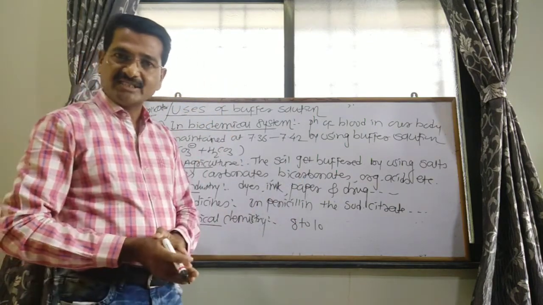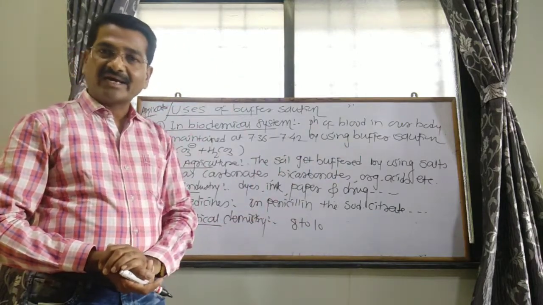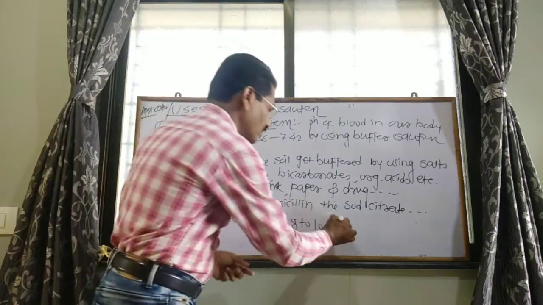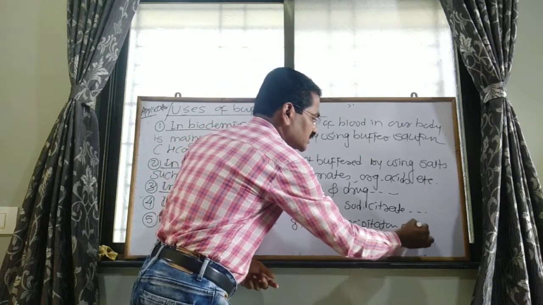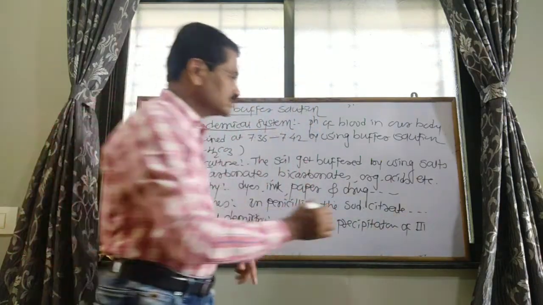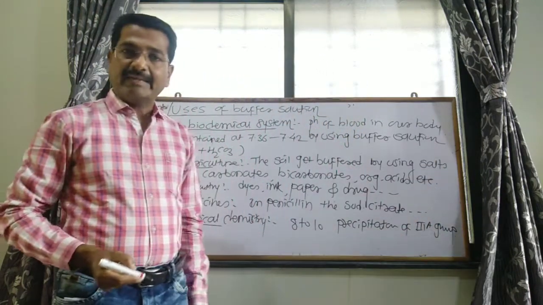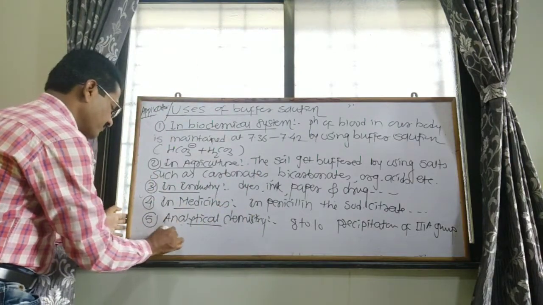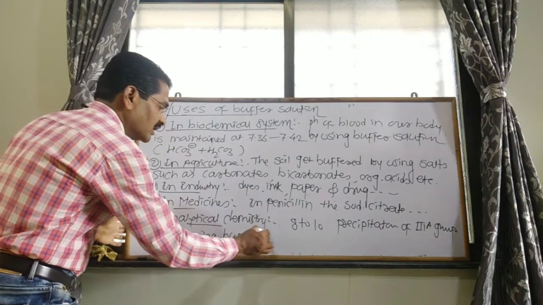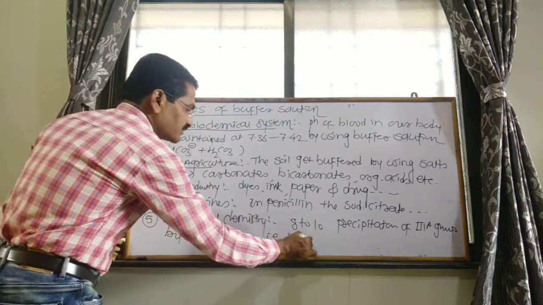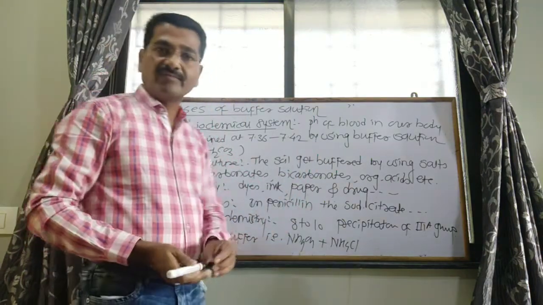In qualitative analysis, pH 8 to 10 is required for the precipitation of group third A elements by addition of buffer, that is NH4OH plus NH4Cl. So these are the uses of buffer solution.